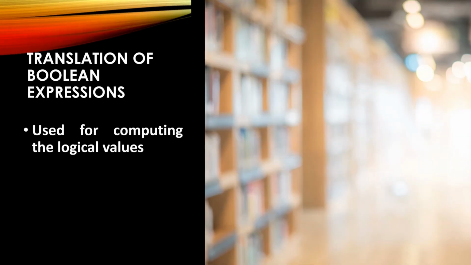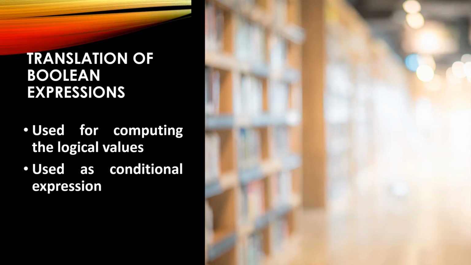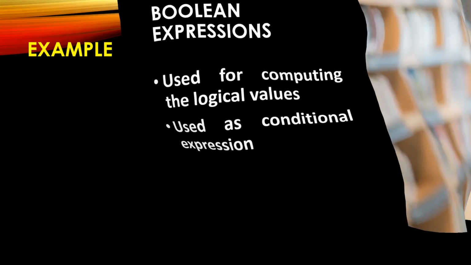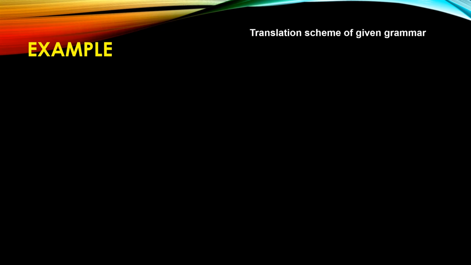Next, Boolean expressions. Boolean expressions have 2 primary purposes. They are used for computing logical values, and they are also used as conditional expressions, that is using if, then, else or while and do. Now let us see how a semantic rule can be framed for Boolean expressions.